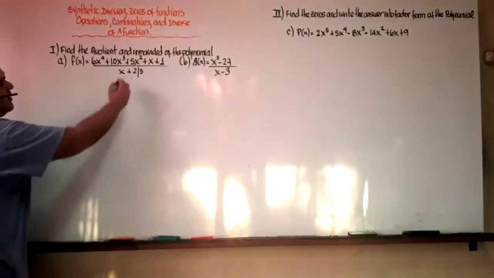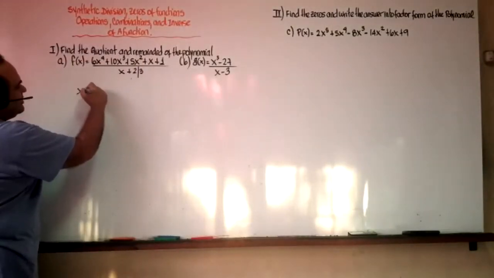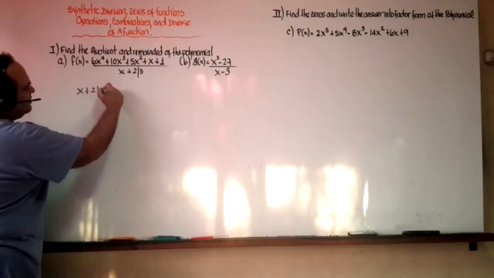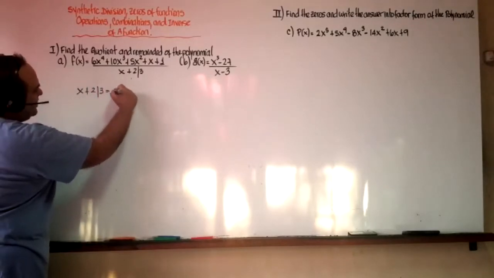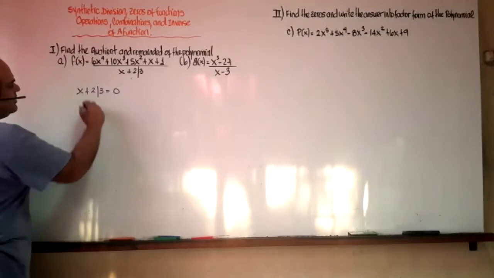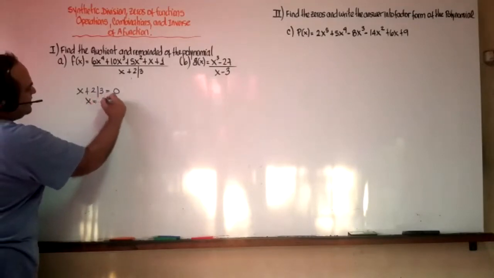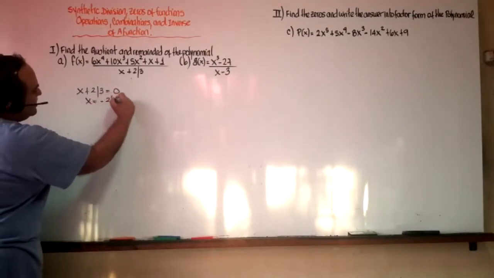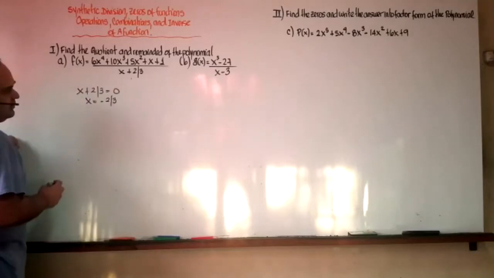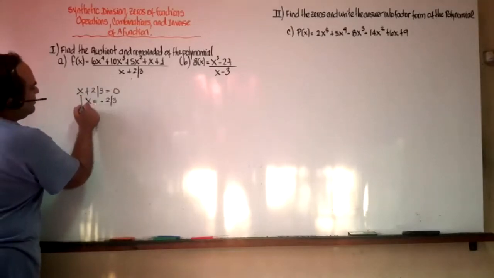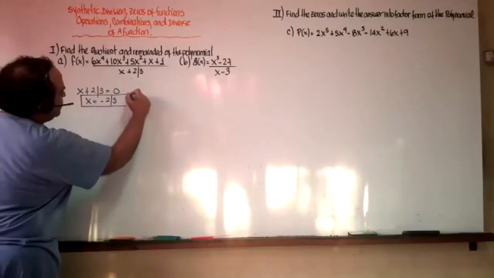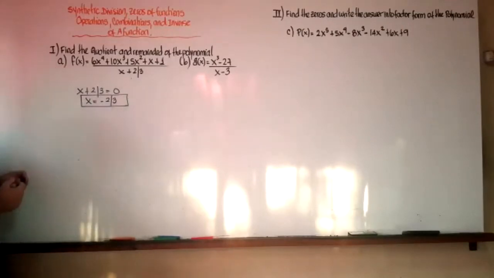For that reason, we take the denominator, x + 2/3, and set it equal to 0. Solving for x, the result is -2/3. So this is going to be the number used to divide in this synthetic division.